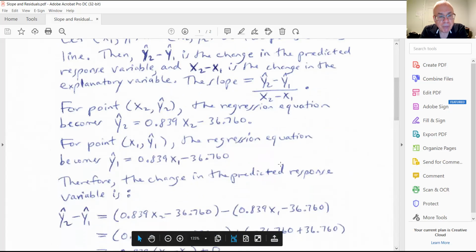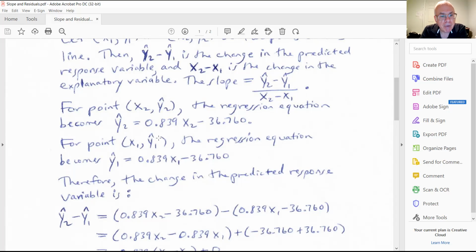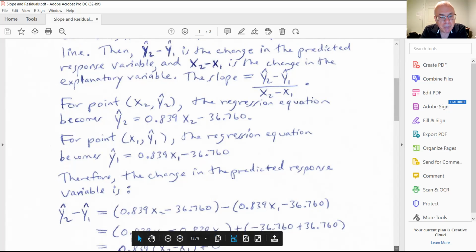So we have this one point here, x2, y hat 2, and if we happen to plug that into the equation, we would get this. So we just take our y hat 2 and plug it in for y hat, and take the x2 and plug it in for x. We do the same thing for y hat 1 and x1 with this first one. All right, so we have the same equation, but with two different points plugged in.